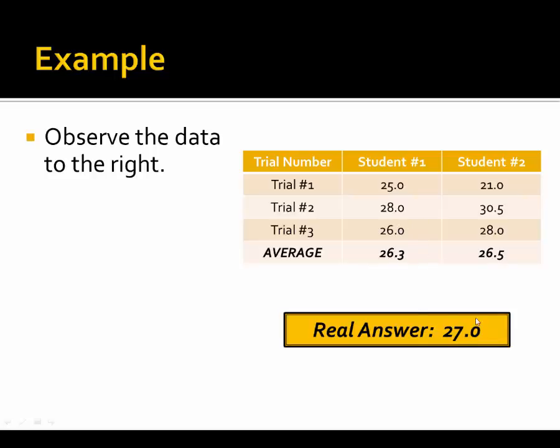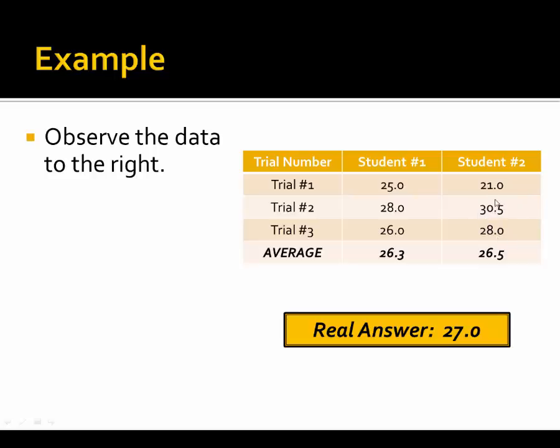Now, our real answer is 27. Who was closer? Student 2 was closer. We can say he was more accurate. But if we take a look at the results of each trial, we have 21, 30, and 28.